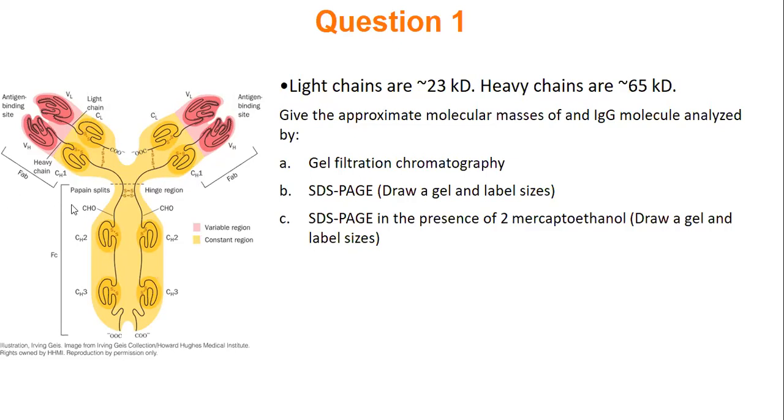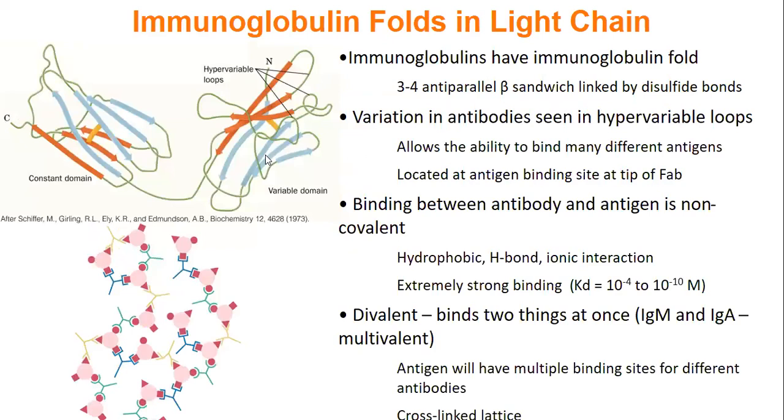So we already did that one. We talked about, this was the very last slide actually, the IgG fold, or Ig fold rather, the immunoglobulin fold. These antibodies form beta sandwiches, which are just these anti-parallel beta sheets. They're connected by disulfide bonds. When we bind our antigen, IgGs are called divalent, where we bind two things at once, right?